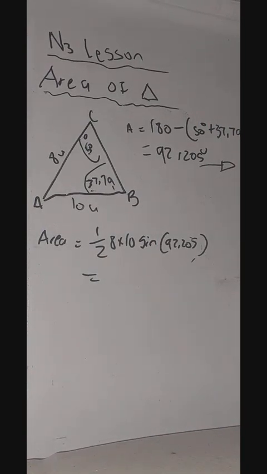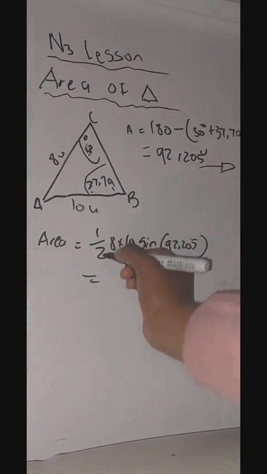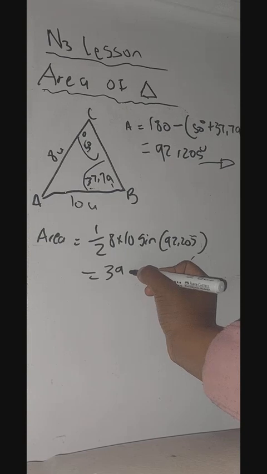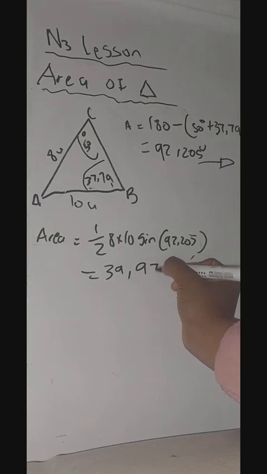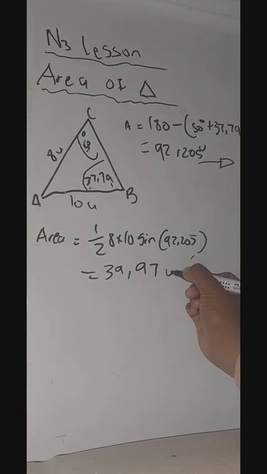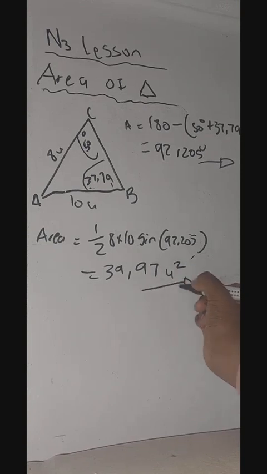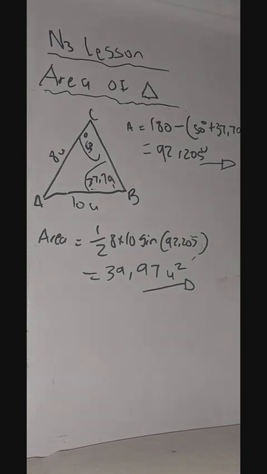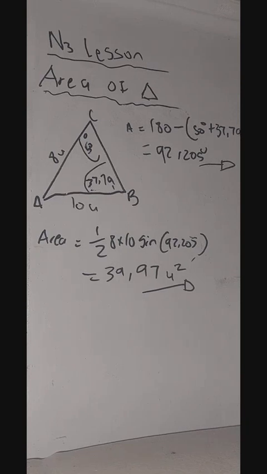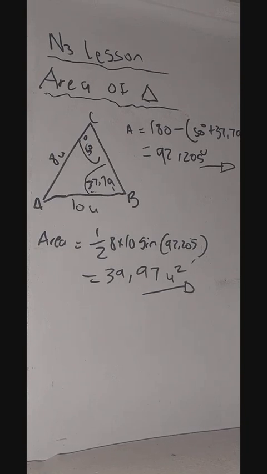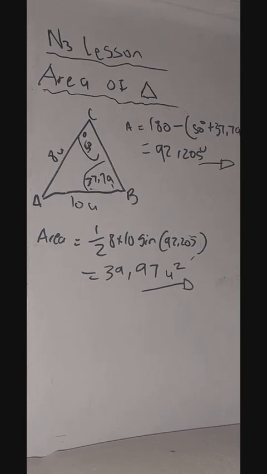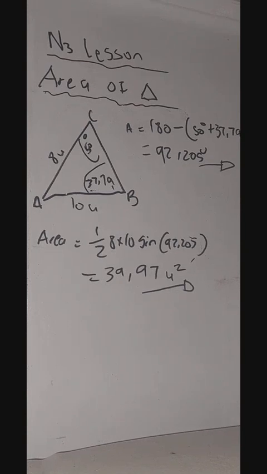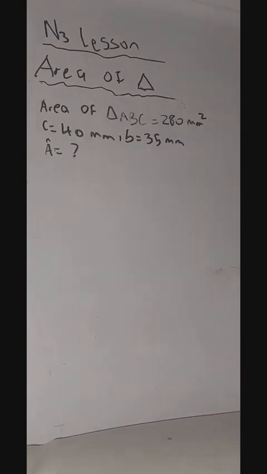Sine 92.205, I get my answer. The area is 39.97 units squared. Right, so let's continue to the other condition.